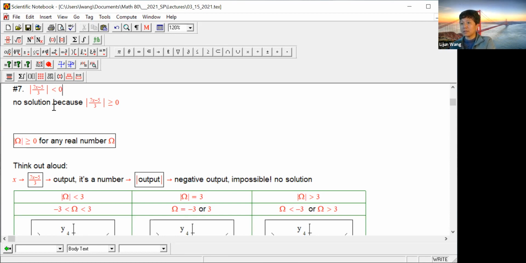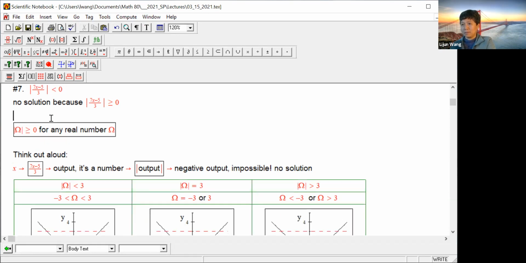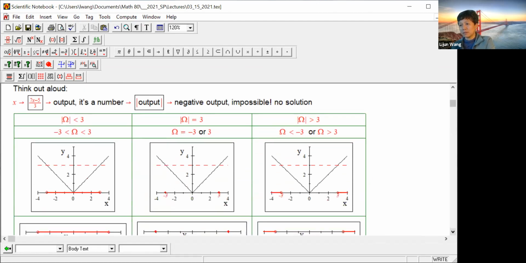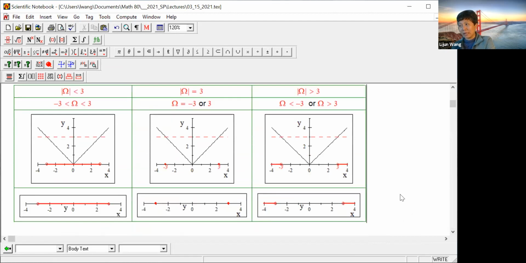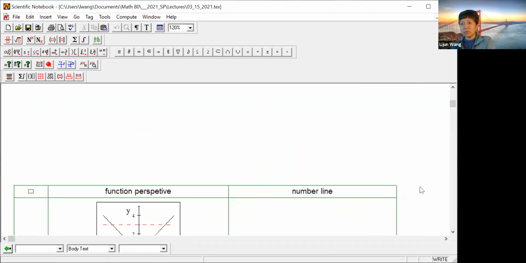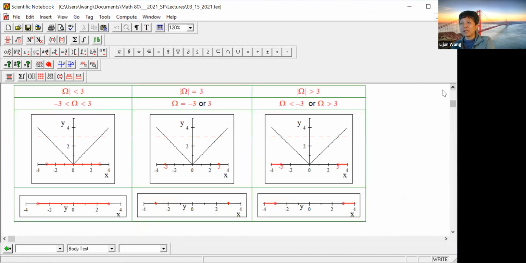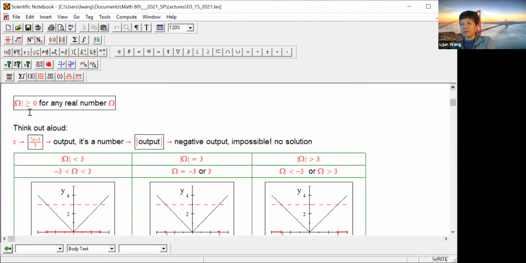How about number 8? I want you to think about number 8. Use your common sense, okay? There's no mystery to it. Once you understand absolute value, you understand what I meant.